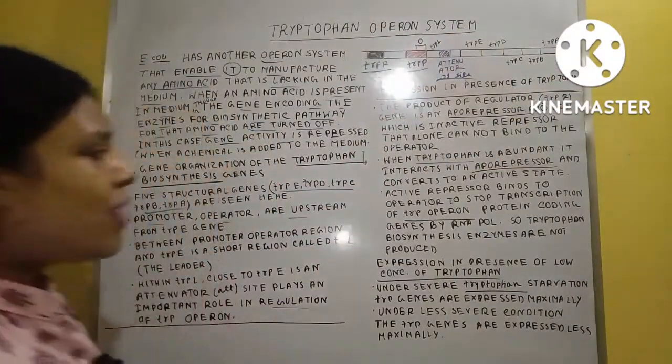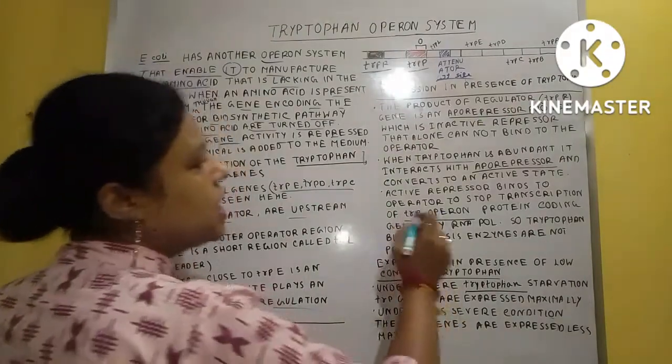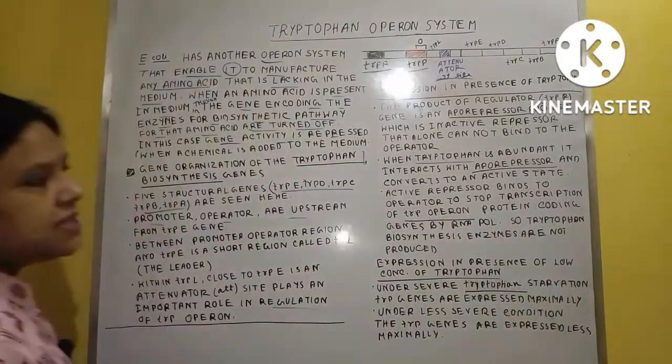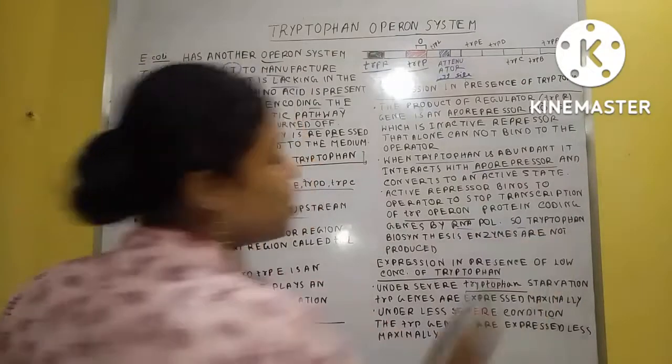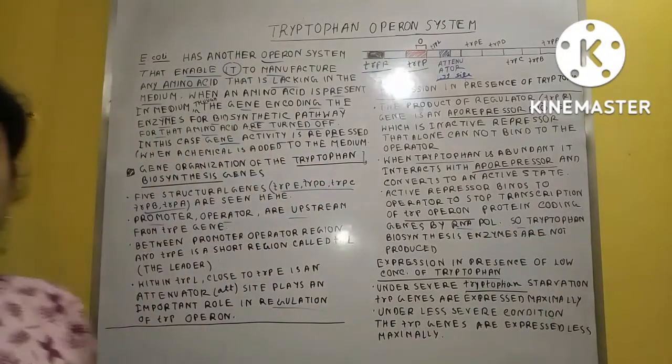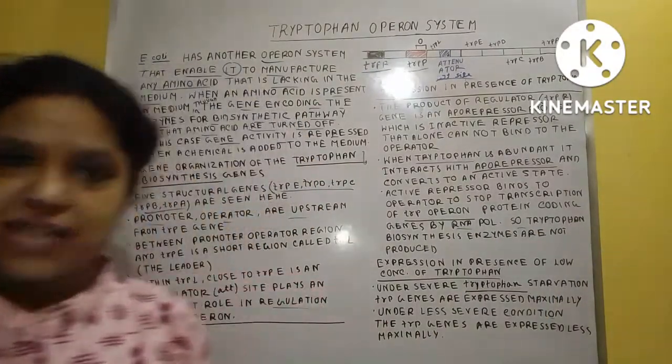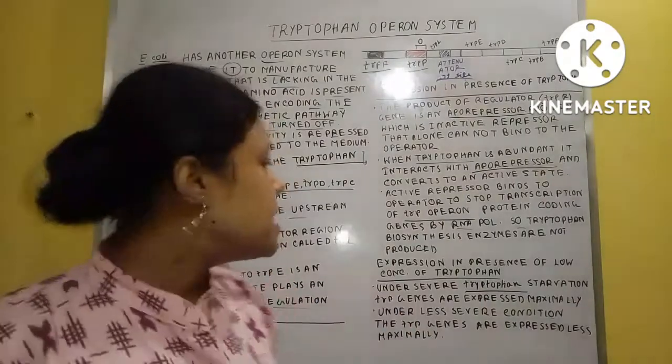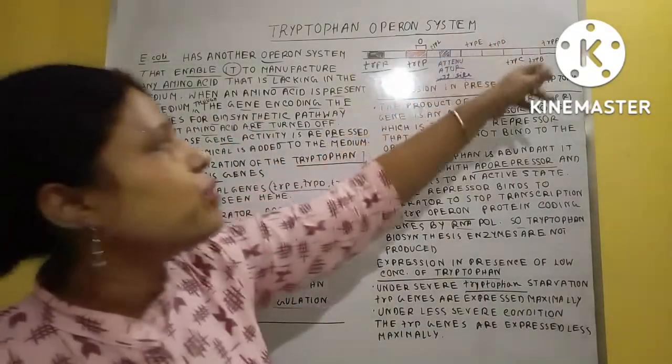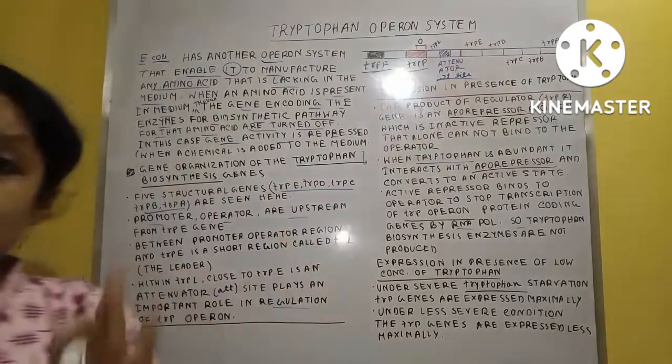So what happened? The tryptophan protein coding genes by the RNA polymerase, it generally stops the function of the RNA polymerase. Clear? Stop the RNA polymerase, and so the transcription process of these genes is totally stopped.